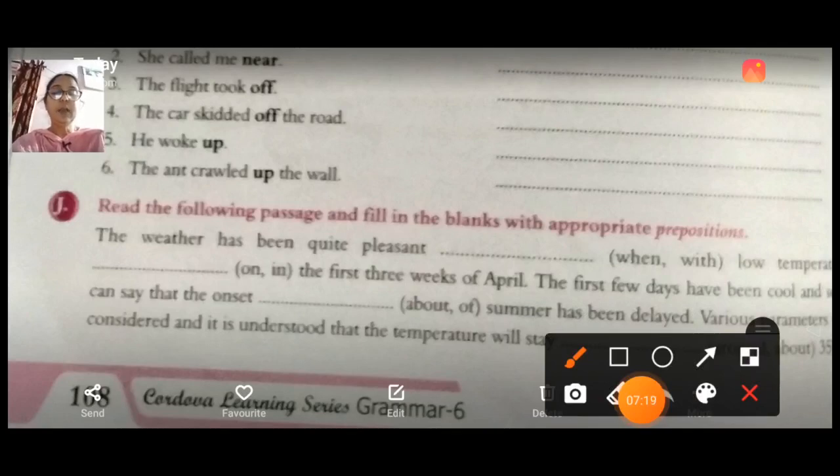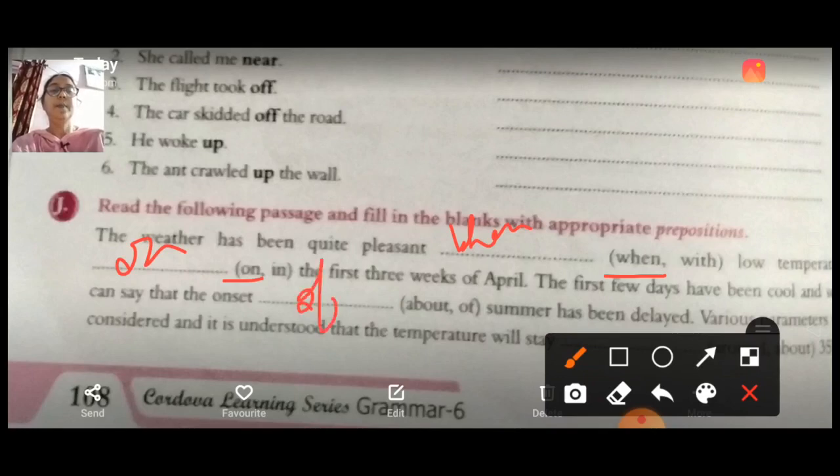Here we are going to write when, then on, after that of, and in last we are going to write around. So this way we can complete the exercise. So complete it, children.